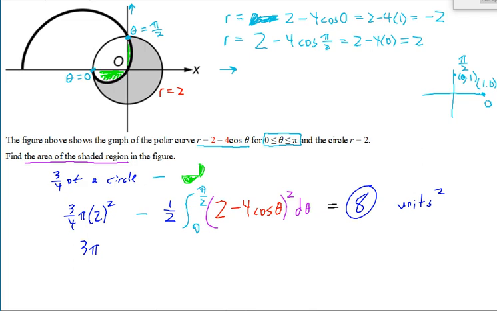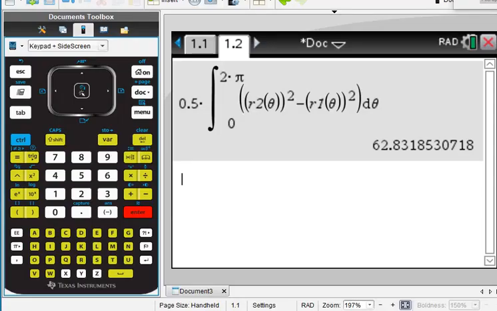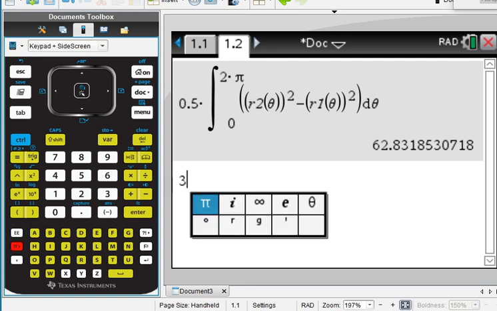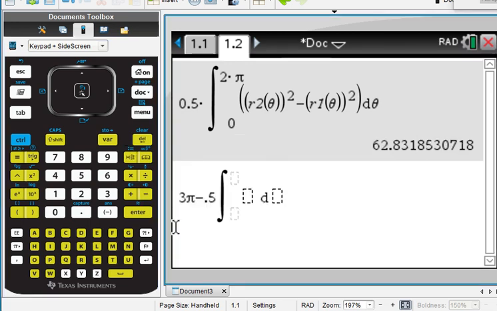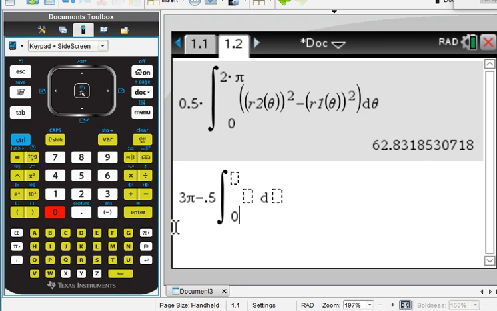Now, we have the same thing on the Inspire here. So 3 pi minus 0.5, interval from 0 to pi over 2.